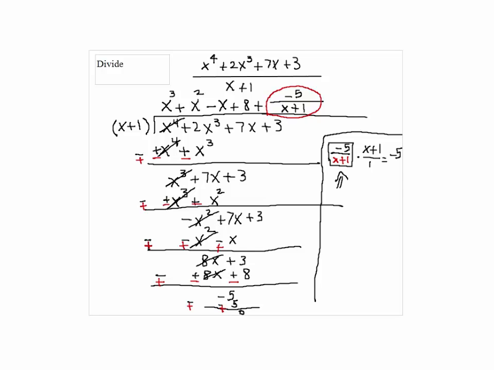So my remainder would be 0. Remember, we're subtracting, we change the subtraction to addition, and all that. So when you see a fraction here, it means you have a remainder, and the remainder here is obviously negative 5.